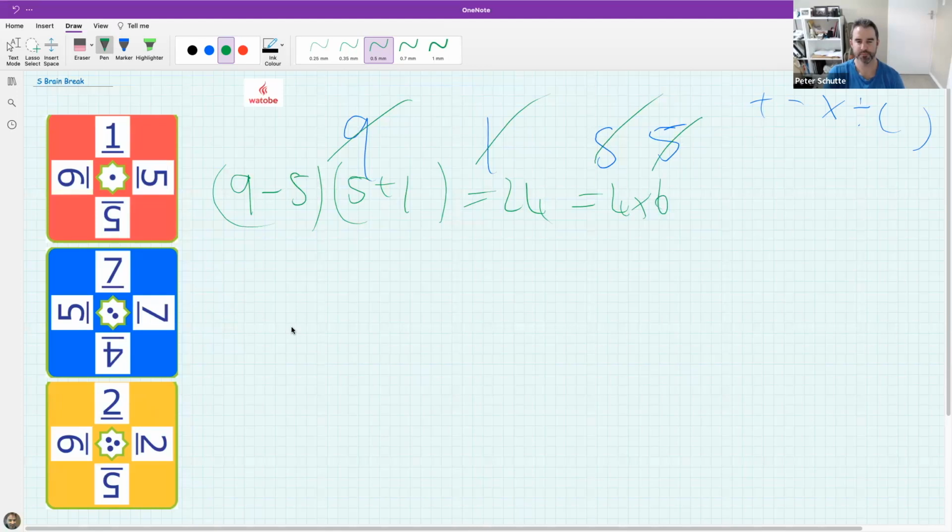Perfect. Okay. What about the blue and yellow? What can we do for that? Who has some ideas for the yellow one?